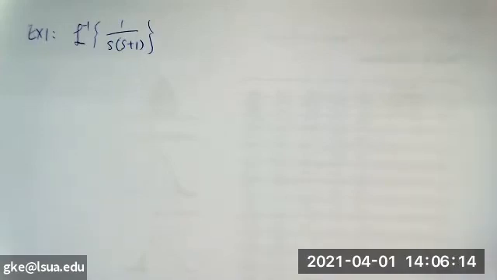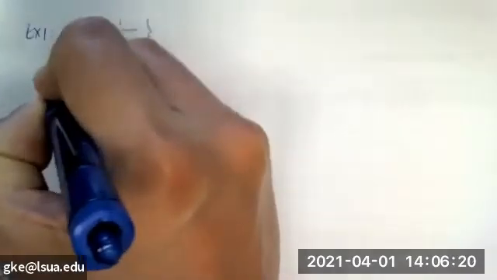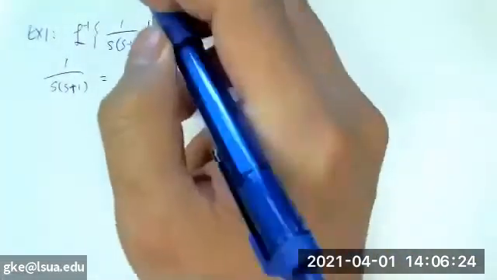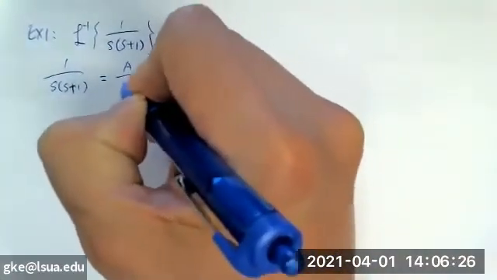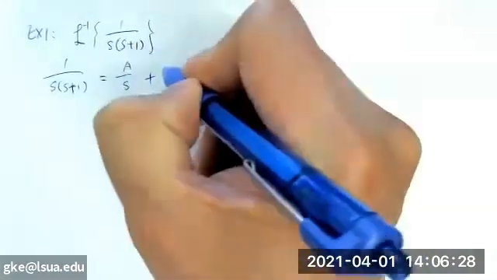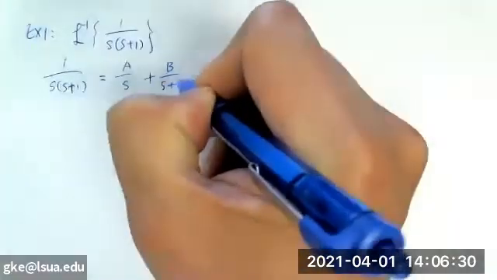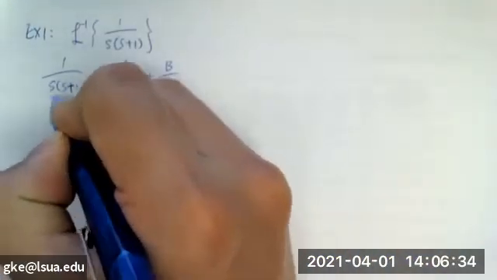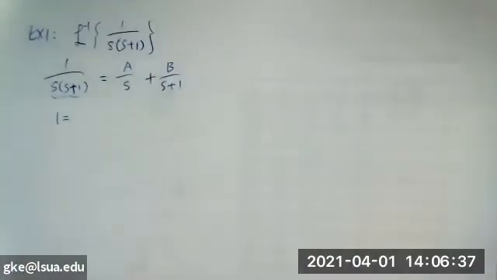Okay, so let me write down something on the board. The first one is s plus 1. We're gonna use A divided by s, B divided by s plus 1. So we multiply both sides by this.